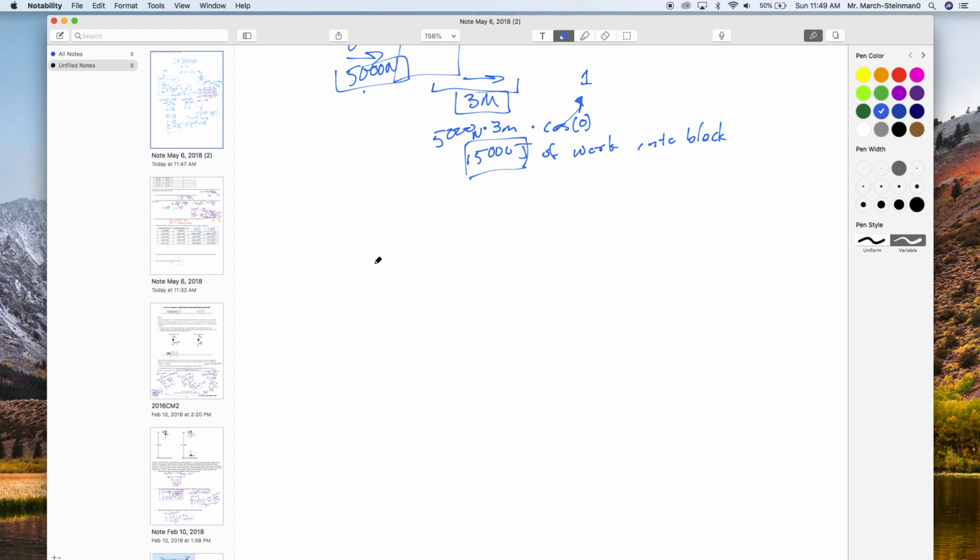Likewise, I can consider the fact that I have some amount of force downward. Let's say this is at an angle of negative 90 degrees, and I produce some force.